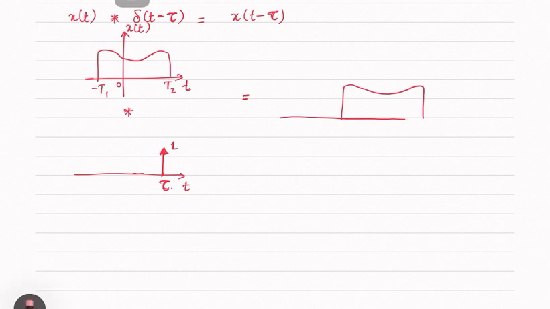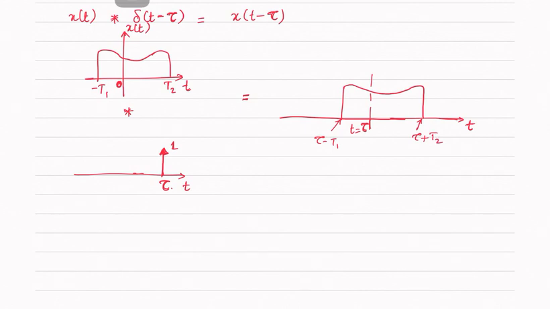This is my time axis, and here was my origin. Whatever was at 0 here will now get shifted to t equal to tau. So this point here will be tau minus t1 and this point here will be tau plus t2.